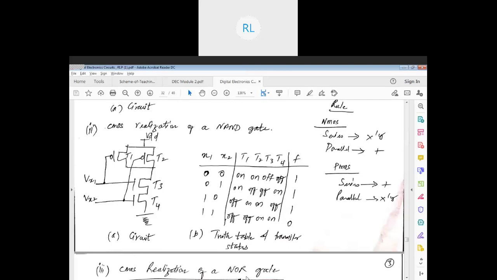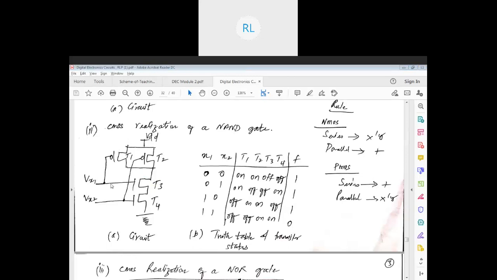Or you can tell me what is the equation for NAND gate if the inputs are A and B? Rakesh says AND plus not. Yes, good. So what is happening? We have an AND gate, and it is negated.